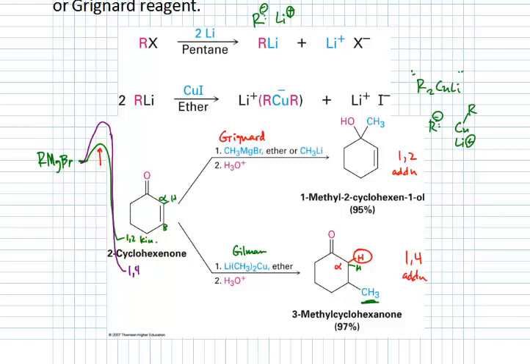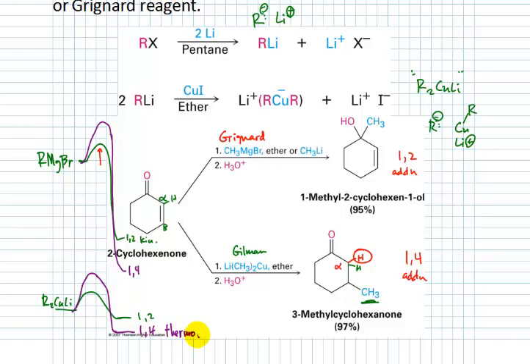If I have a low energy nucleophile, like the Gilman reagent, R2 copper lithium, there's not nearly as much energy difference between the reactant and the products. So if I want to do 1,4 addition, which gives us a more stable product because there's no double bond, that's favored thermodynamically.